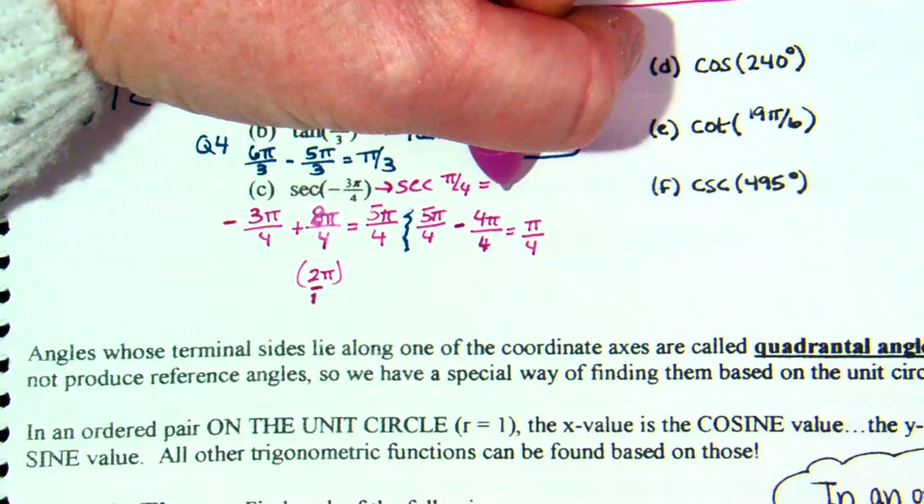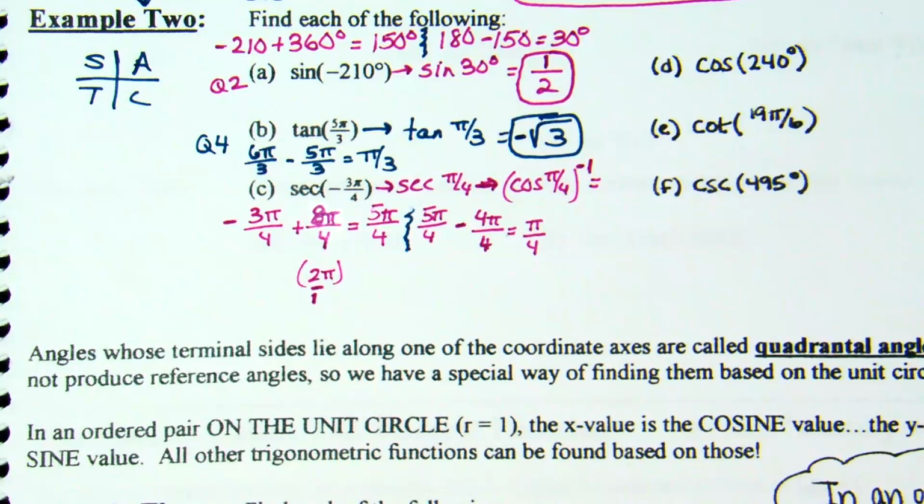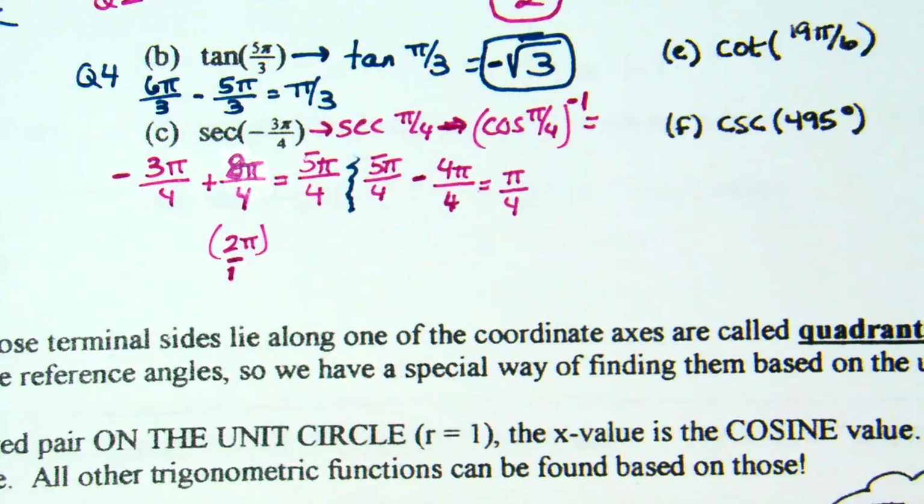I reciprocal it. What is secant the reciprocal of? Cosine. So now what we're really doing is we're going to think the reciprocal of cosine of pi over 4. For me to write that as a step, I wrote cosine of pi over 4 to the negative 1.